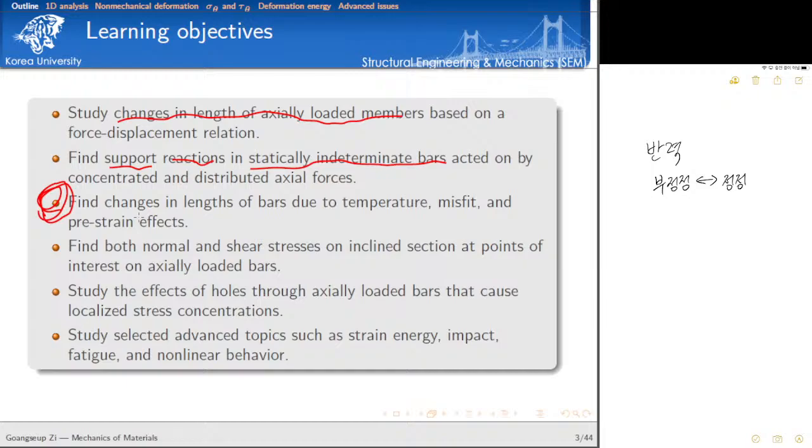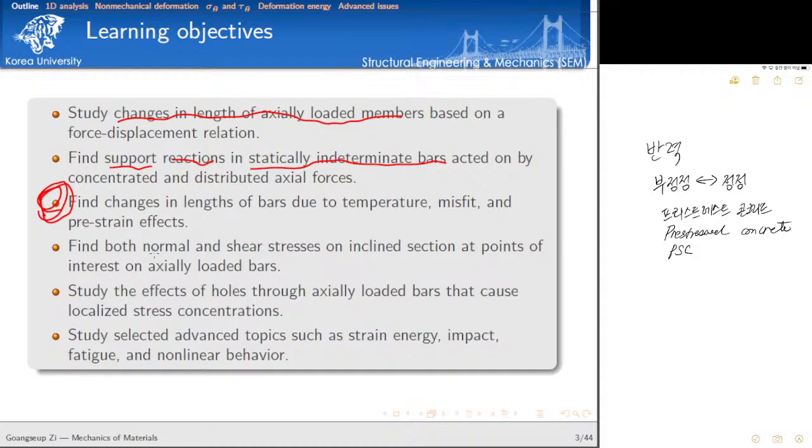We intentionally introduce the pre-strain effect. Have you ever heard about pre-stressed concrete? In English, pre-stressed concrete. In abbreviation we call it PSC.